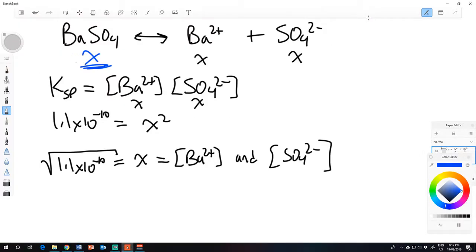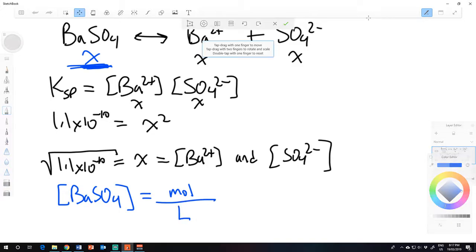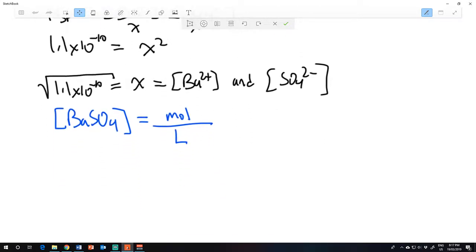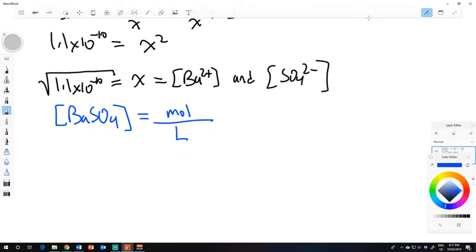So if I know the concentration of this, and remember concentration is moles of barium sulfate over volume, then if I know what X is, I can put it into this number here, and I can calculate the moles based on what volume I have.